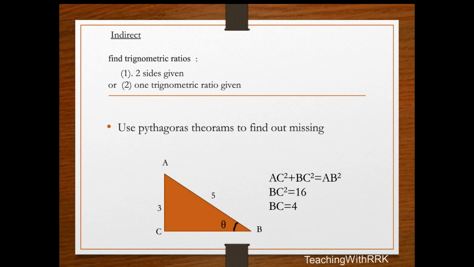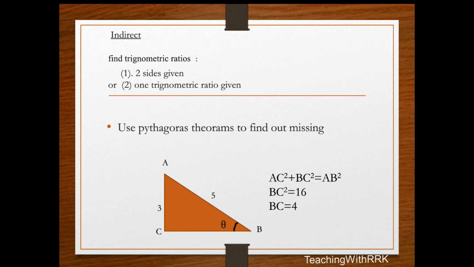Another way is they are given one trigonometric ratio. If they are given sine theta, what is sine theta? Sine theta is opposite by hypotenuse, AC by AB. That is given. For example, the question will be: sine theta equals 3 by 5. Find cos theta, tan theta, cot theta, or all other trigonometric ratios.